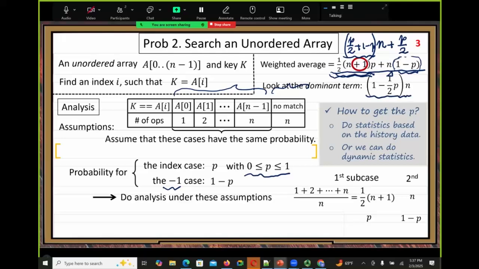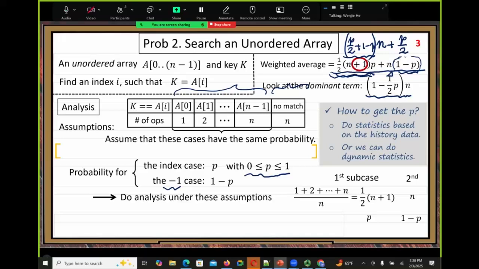Then, next, I talk about approximation, because in computer science, we do approximation a lot. Many times, in order to make our computation as simple as possible, we want to use a simpler formula that approximates the original formula.